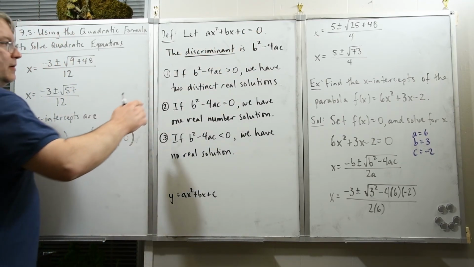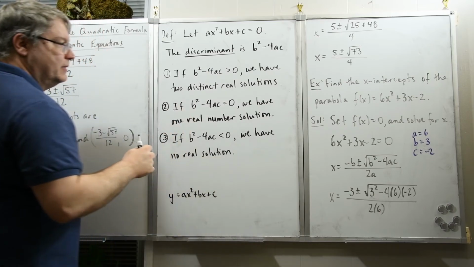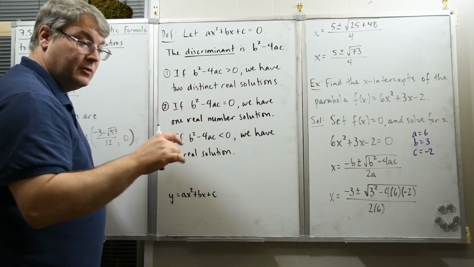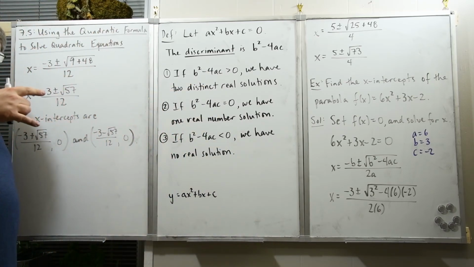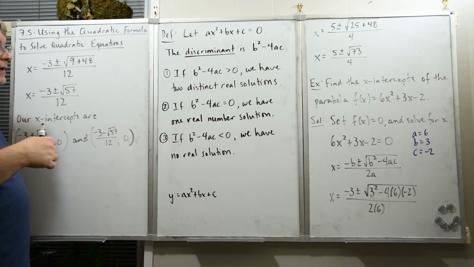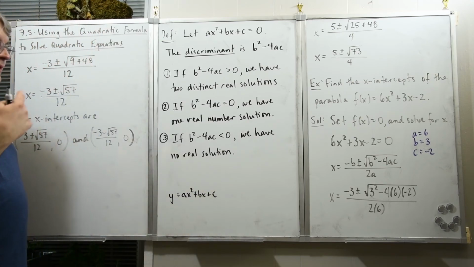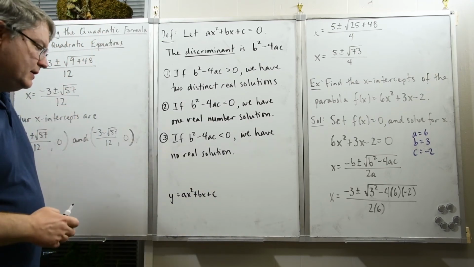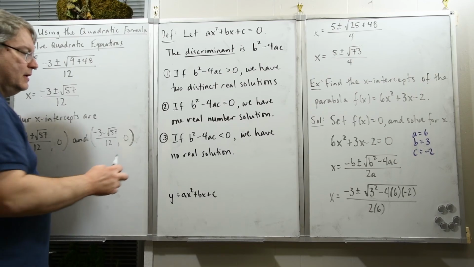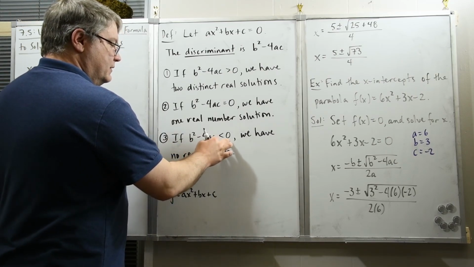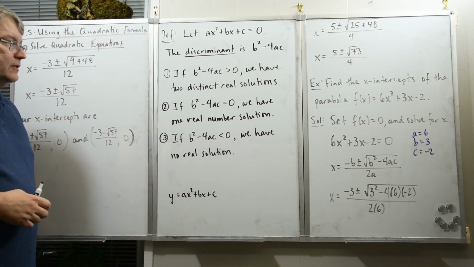So if our b squared minus 4ac is positive, the two distinct real solutions will correspond to two distinct x-intercepts. If b squared minus 4ac is equal to 0, that would correspond to one x-intercept. And if b squared minus 4ac is less than 0, we wouldn't have any x-intercepts.